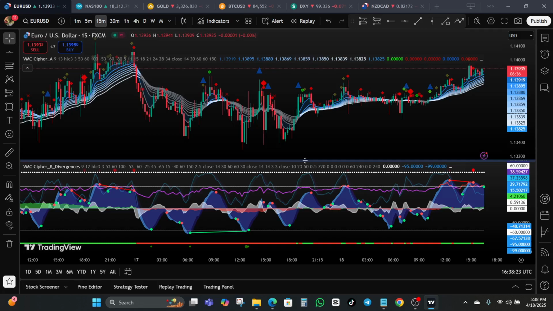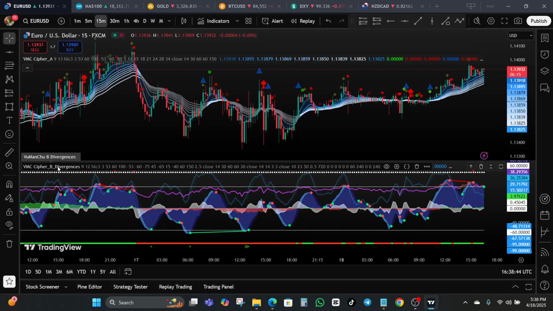So let's talk about setting up this strategy on your chart. As you can see, I added the Vumanchu cipher A and the Vumanchu cipher B divergences.